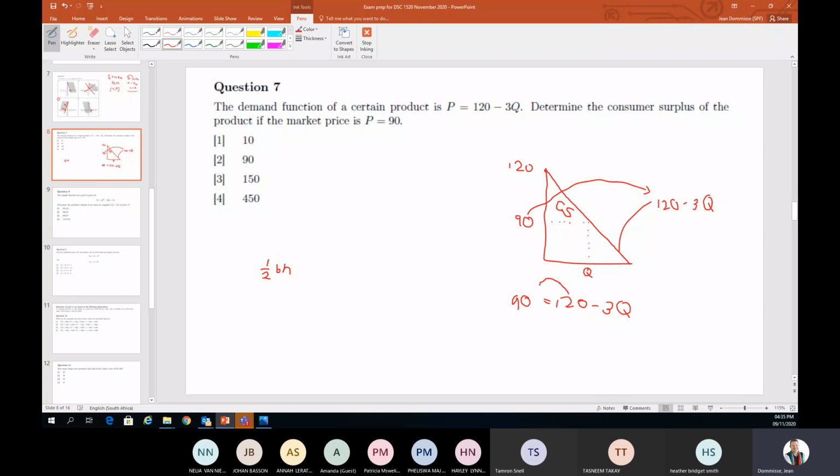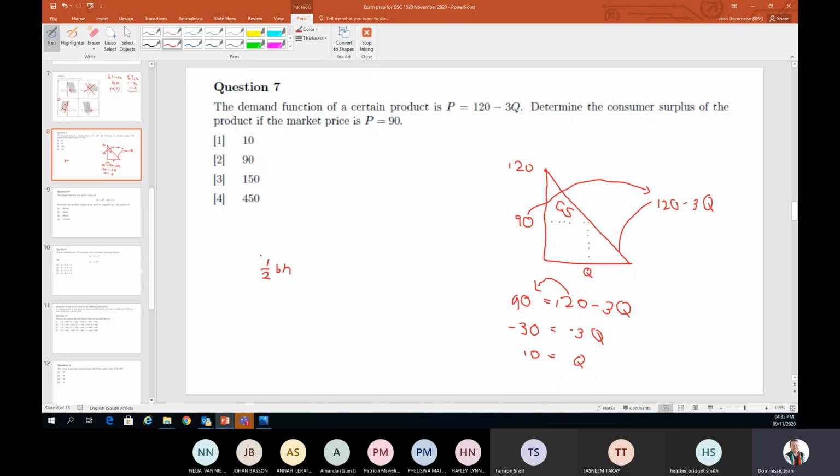Okay, so let me take that over to that side. On this side we have minus 30 is equal to minus 3q. So q will be equal to 10.